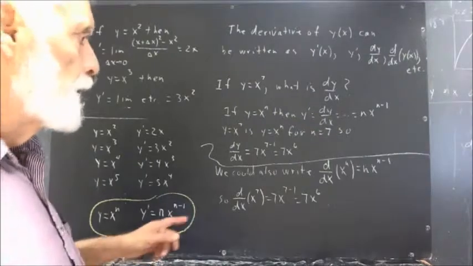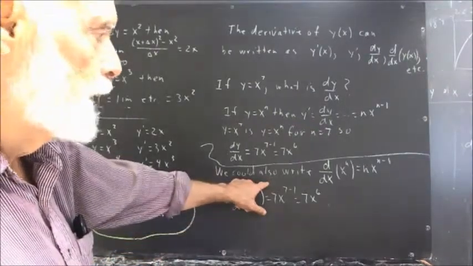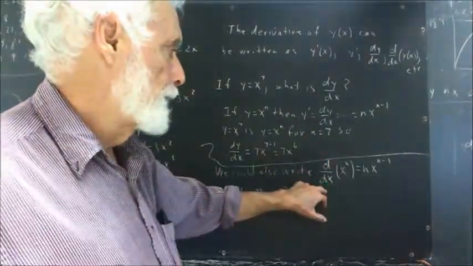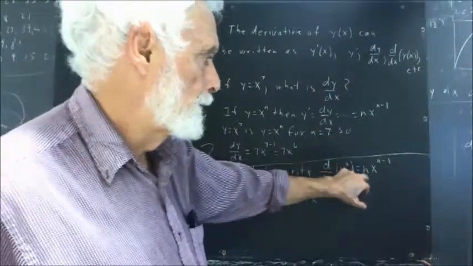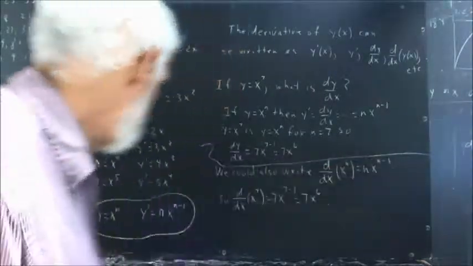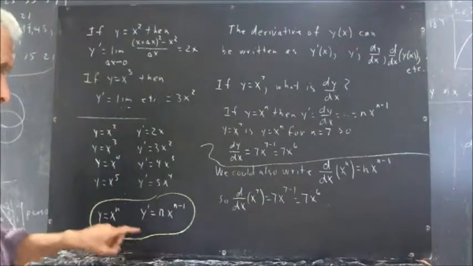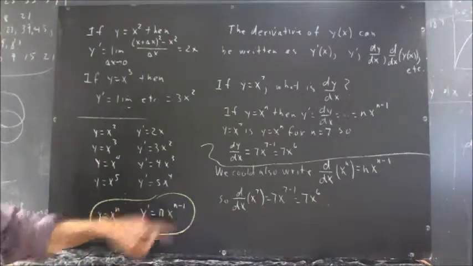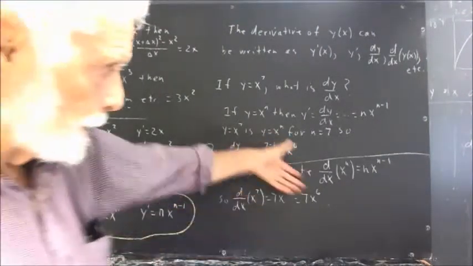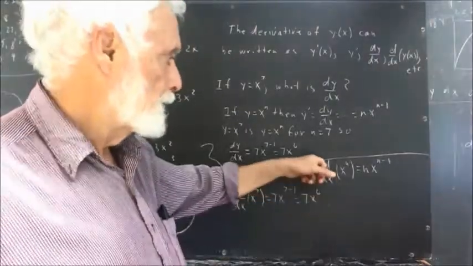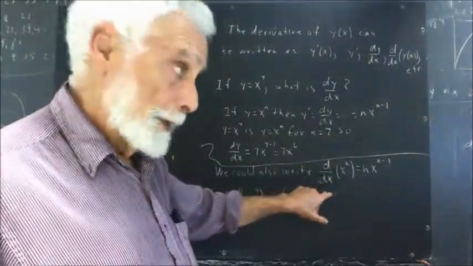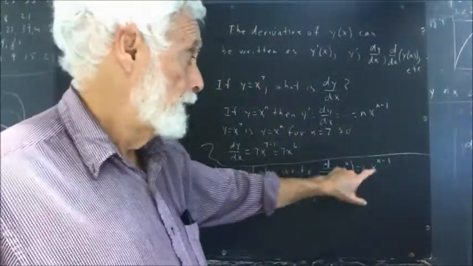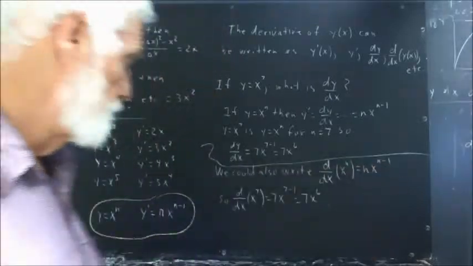Now, we could also write our rule as the derivative with respect to x of x to the n equals n x to the n minus 1. That's the same thing as writing y prime equals n x to the n minus 1, except we don't even mention y or y prime. We just say the derivative with respect to x of x to the n is n x to the n minus 1.